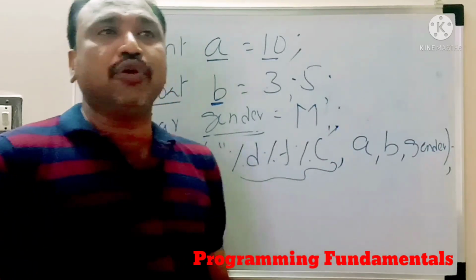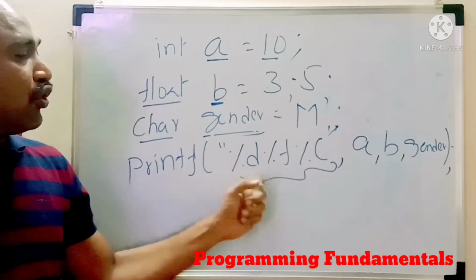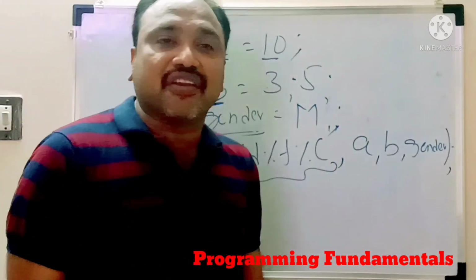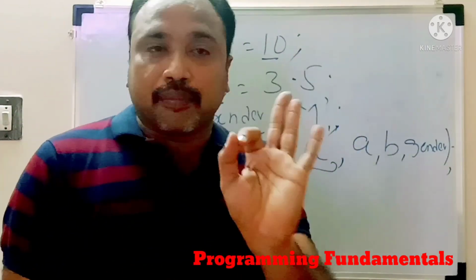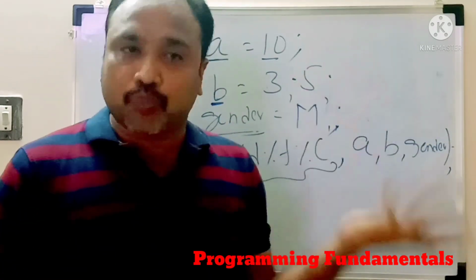When you are going to print values, if you use control strings, conversion characters or format specifiers, those are referred to as formatted IO. When you are going to print or read values, if you don't use %d, %f, %c, then it is referred to as unformatted IO. IO means input and output.